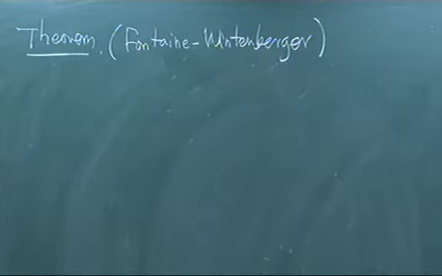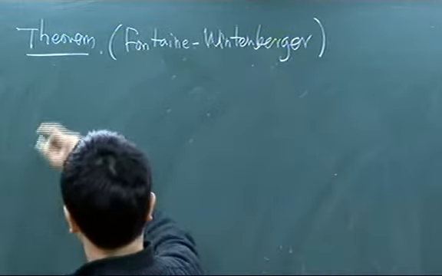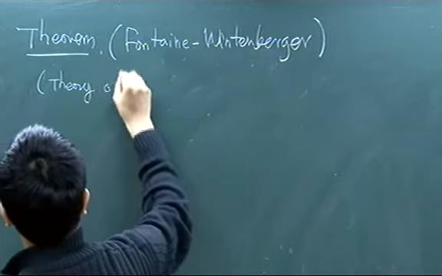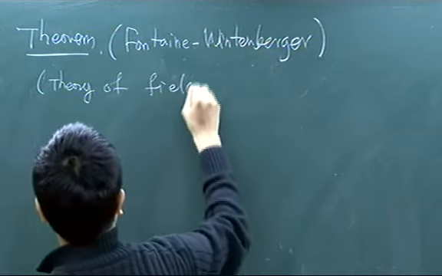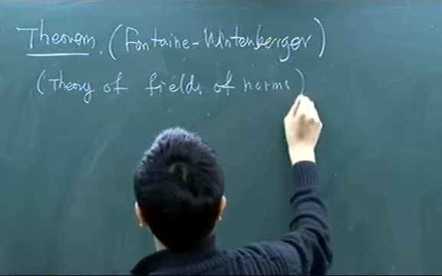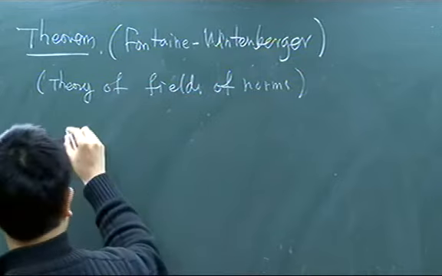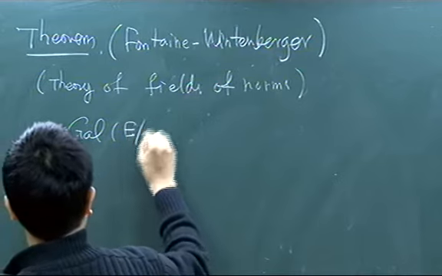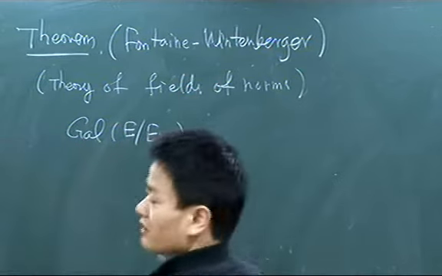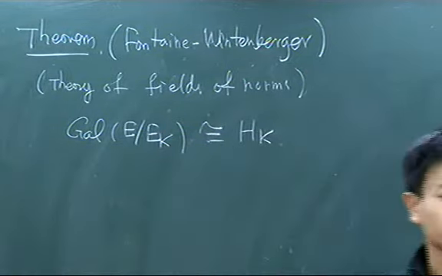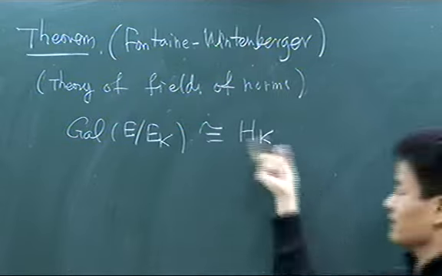Yeah. So this is called the theory of field of norms. So what we have is this Galois group of E over E_K is nothing but H_K. Okay, so this is the Galois extension, and the Galois group is just H_K.